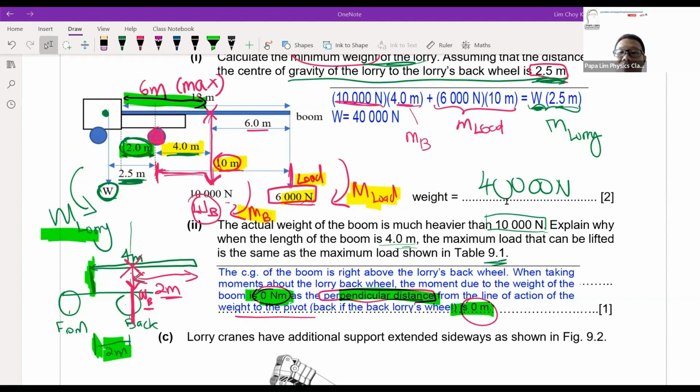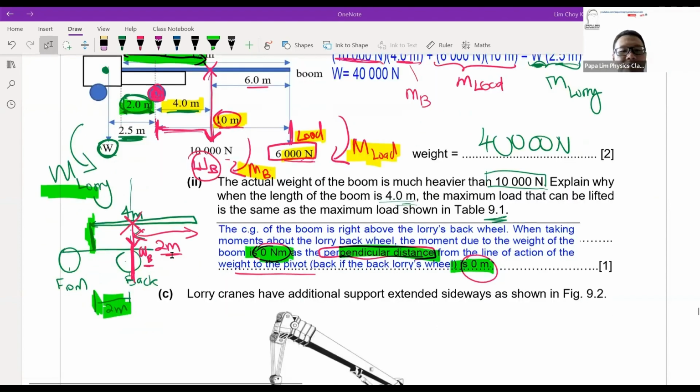So just take note of this section. Parts A and B are quite tough, because students, you need to derive the information from the table and then interpret it using the concept given to derive the required answers, which can be quite tough.